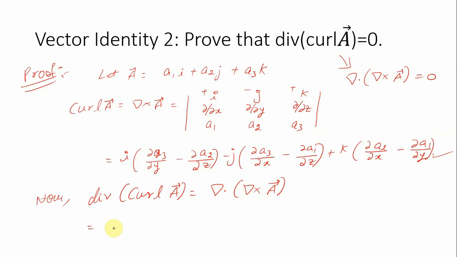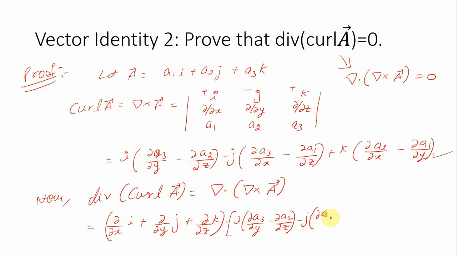So here we can see this is equal to, please substitute the value of del, ∂/∂x i plus ∂/∂y j plus ∂/∂z k, dot product with i (∂A3/∂y minus ∂A2/∂z) minus j (∂A3/∂x minus ∂A1/∂z) plus k (∂A2/∂x minus ∂A1/∂y). This is what we have to take the dot product of.